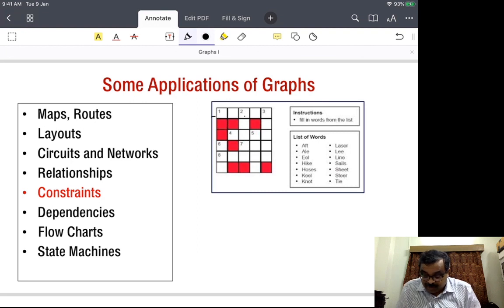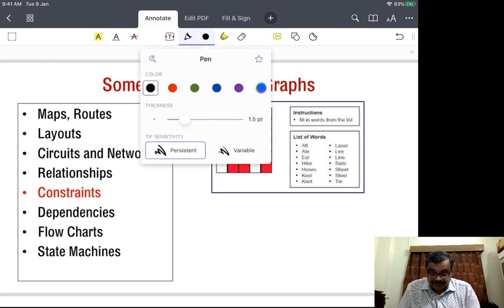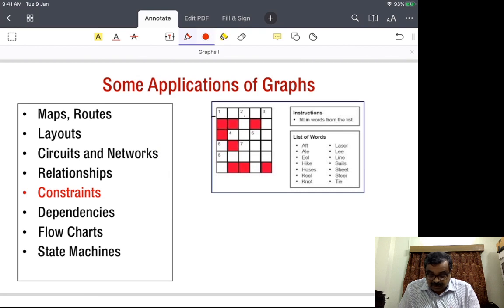So given a set of words, which are given here, you have to fill in these words in order to satisfy the constraints. In order to draw this graph, each such entry will become a graph node. So we have 1, 2, 3, 4, 5, 6, 7, 8.